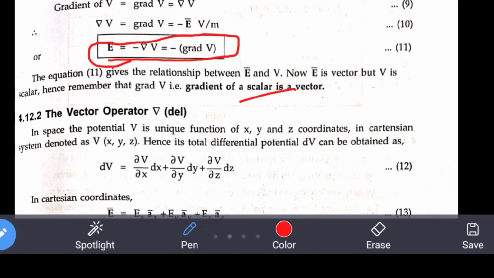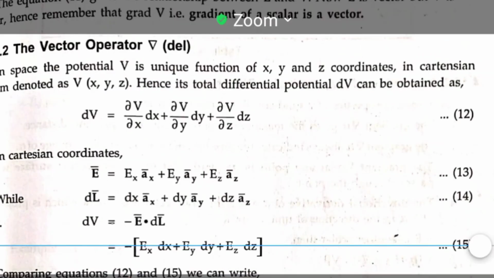What is del operator? The vector operator del, we can see now. In space, potential V is unique, that is, V is a single-valued function of x, y and z coordinates.